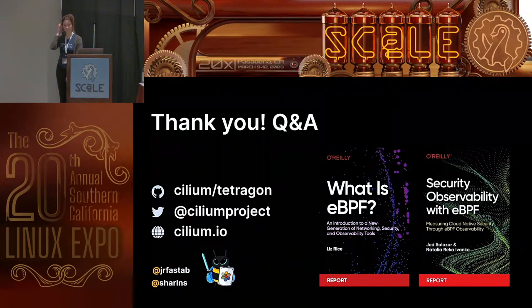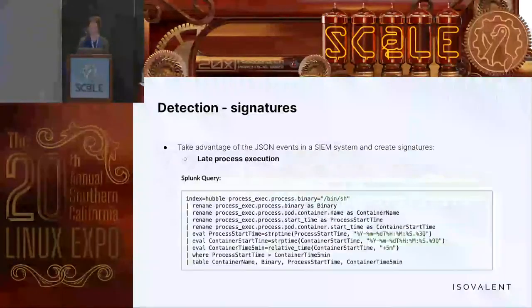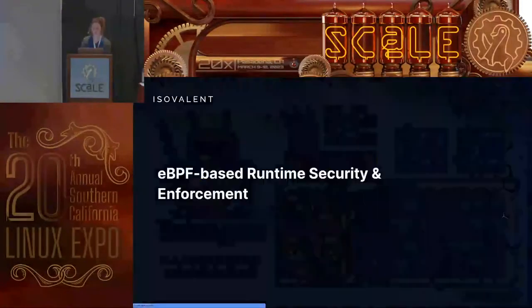More questions? Hey, there is one. Thanks for the presentation. You had a slide earlier where you showed some other eBPF projects. There were logos but no names, and I didn't catch what they all were.